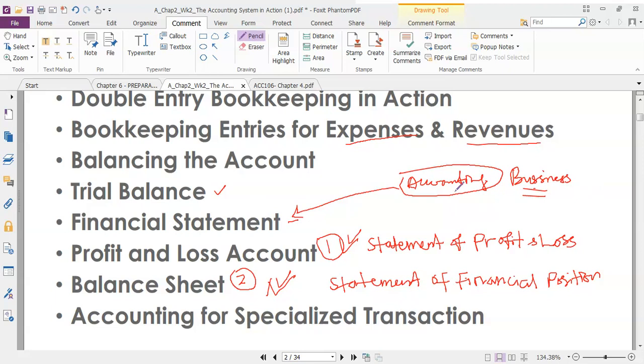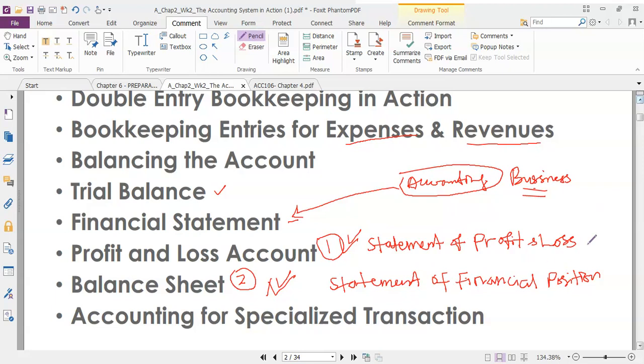Okay. Sebab sebelum ni kita dah belajar types of business, ada sole proprietorship, partnership, lagi yang ketiga adalah company, dan juga private company. Semua business tu mesti diwajibkan, compulsory to have financial statement. So, apa nama statement dia? Yang kena ada every business, statement of profit and loss and statement of financial position.